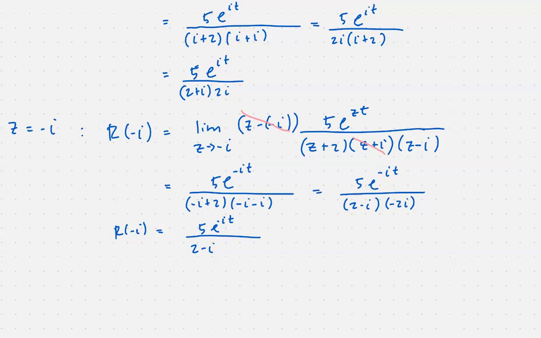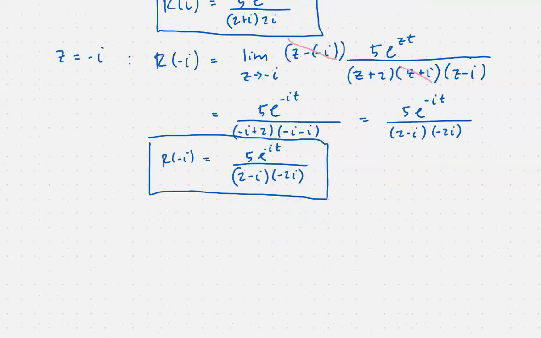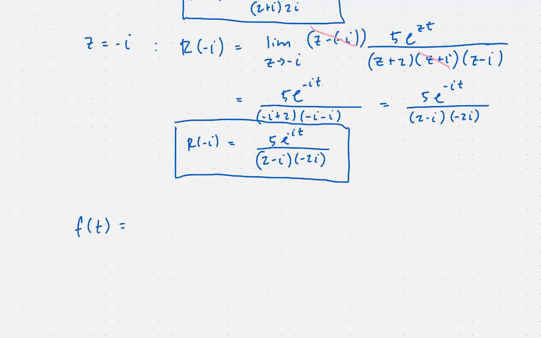Okay, so now that we have all the residues that we need, we can finally get our inverse Laplace transform. Now remember, f of t, or small f of t, is just the sum of all the residues, right? So what do we have here? We have 3.